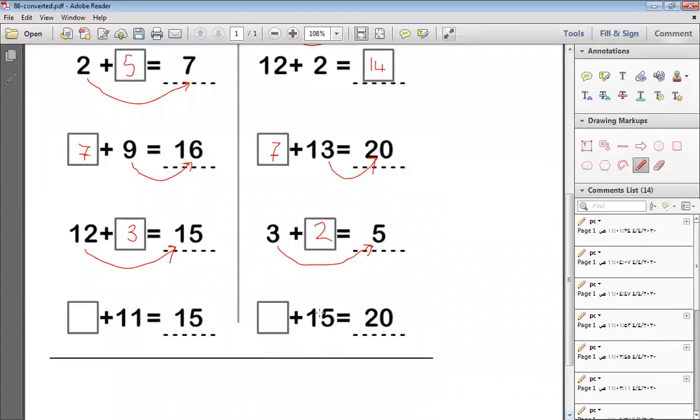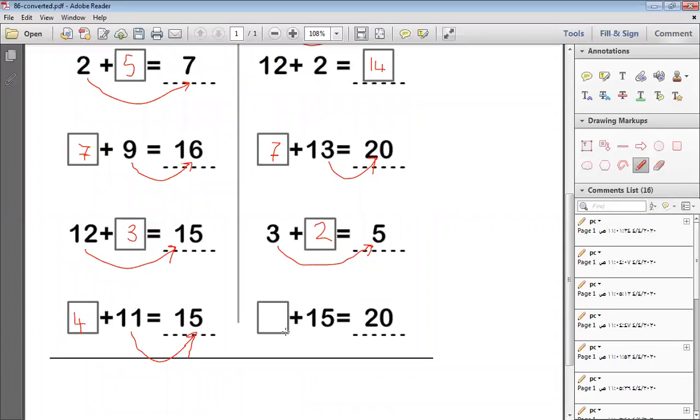A missing number here? Yes, a missing number because he is not giving me the total, right? So I will start counting from the smaller to the bigger. After the 11, 12, 13, 14, 15. How many fingers you have opened now? 4? Yes. So 4 plus 11 gives me 15.